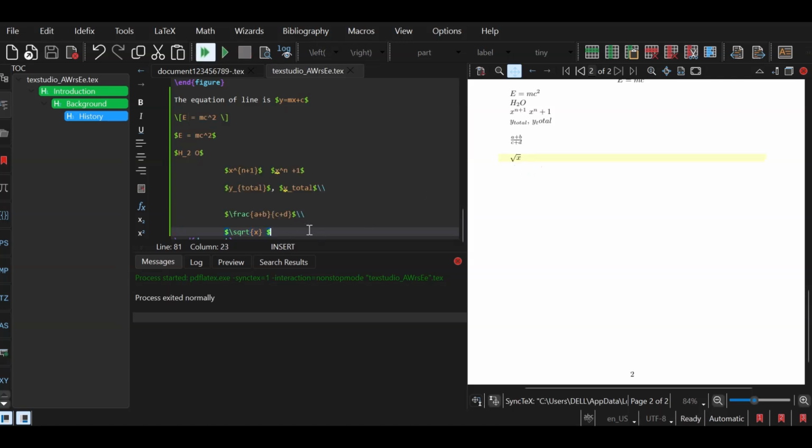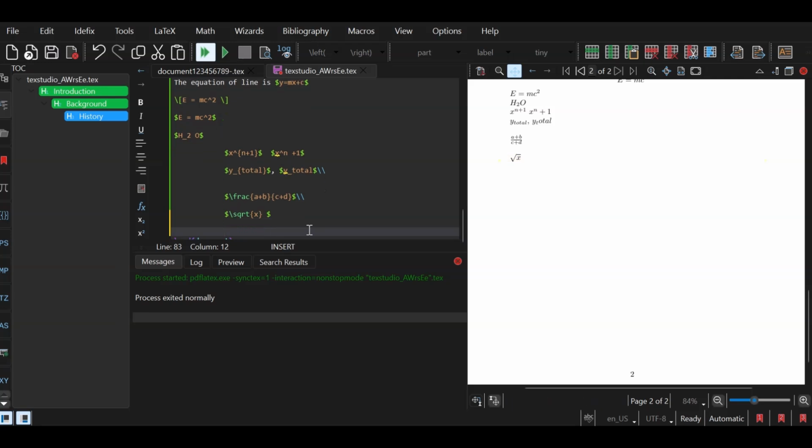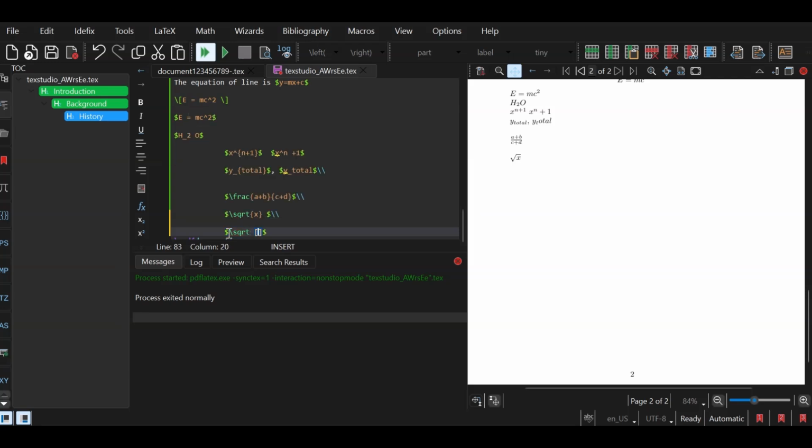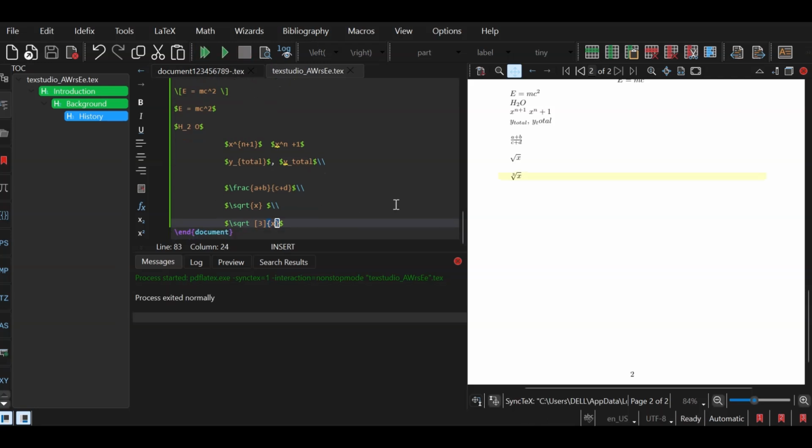So see, x is in your square root. And if you want a square root of something longer, like a square root 3, then just put it in curly brackets and then compile. So see, okay.